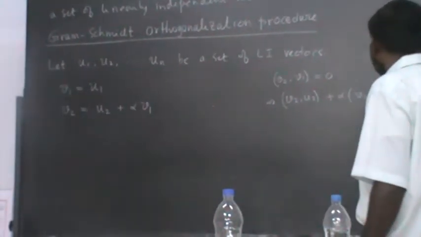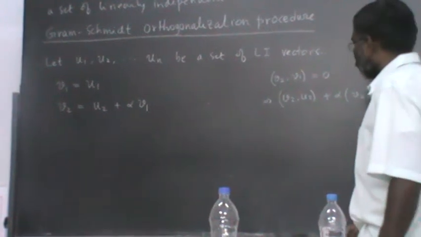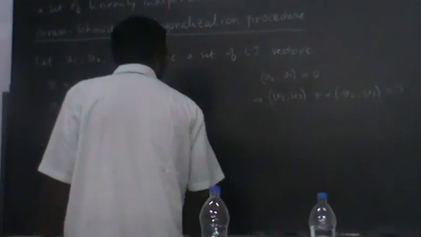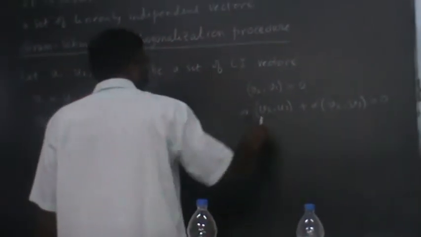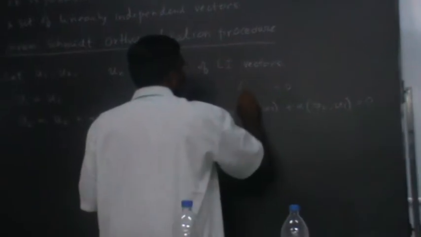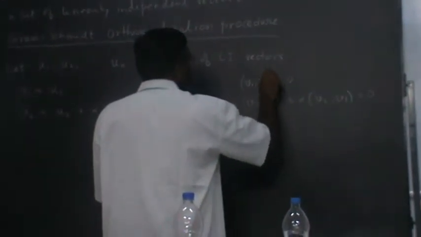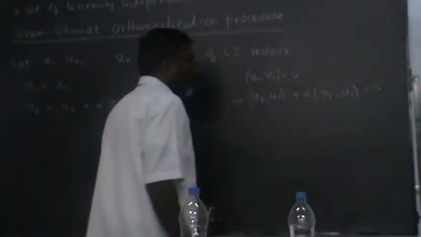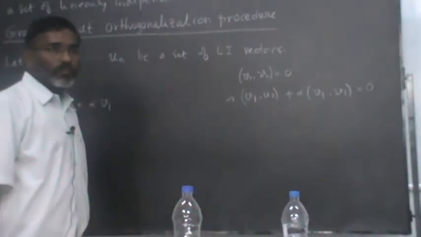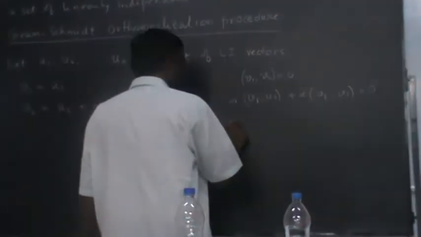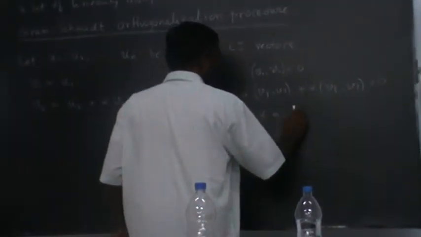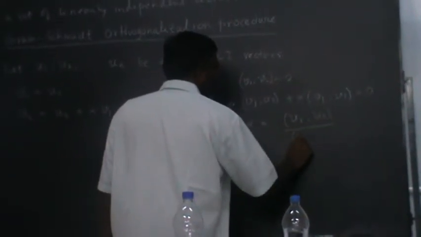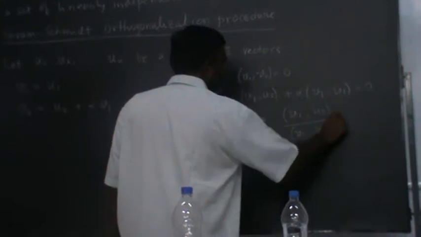This has to be equal to 0. Correct? So this implies I must choose my alpha as v1 comma u2 divided by v1 comma v1 with a negative sign.